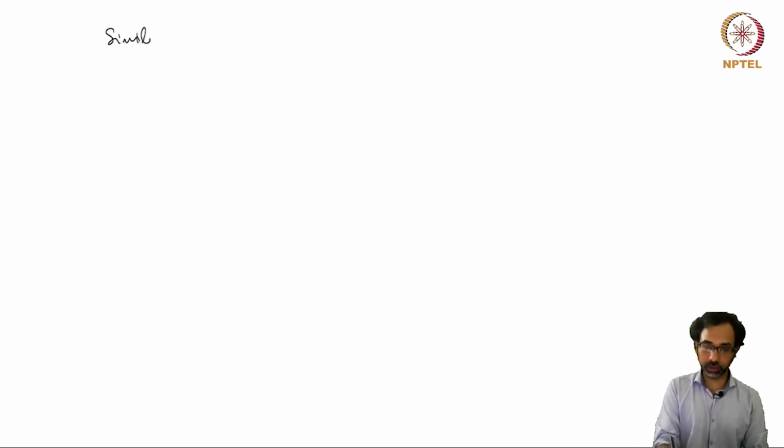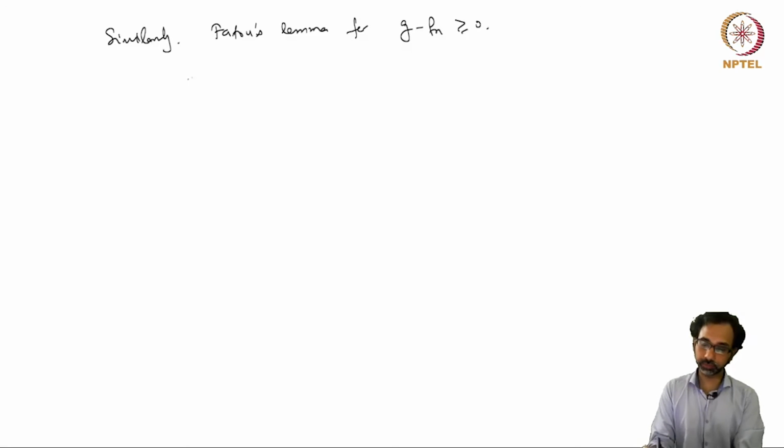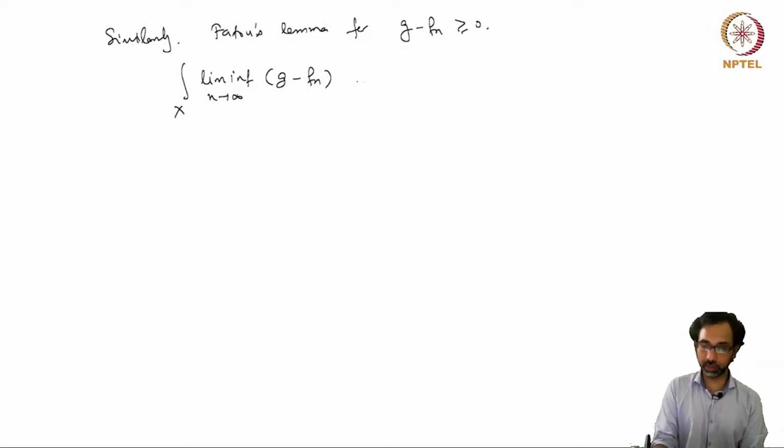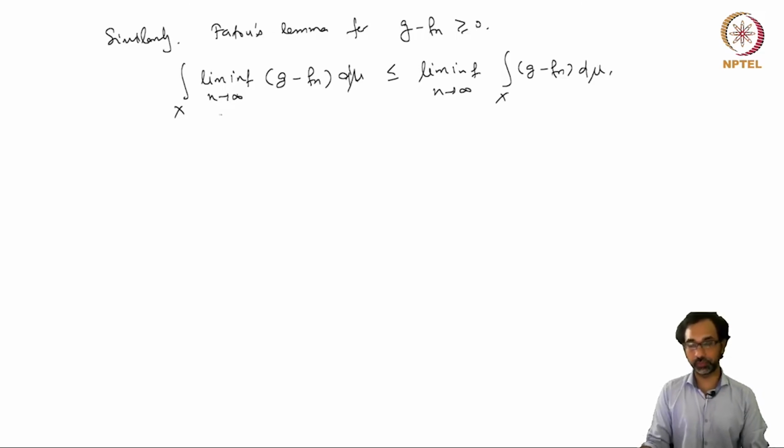Similarly, we can apply Fatou's lemma for g minus fn, which is again a positive sequence of functions, and for this we again have lim inf as n goes to infinity of g minus fn d mu is less than or equal to the lim inf as n tends to infinity of integral g minus fn d mu.